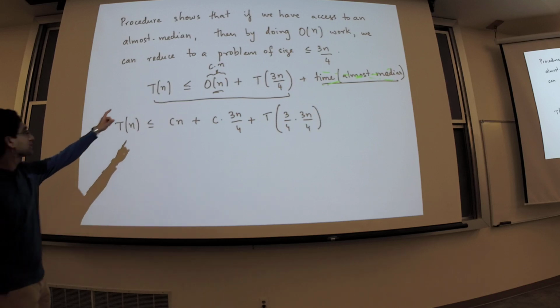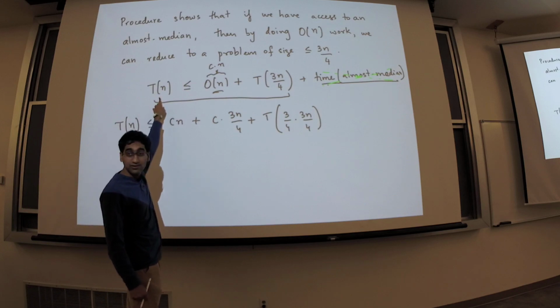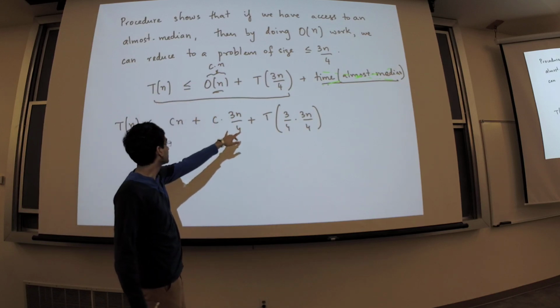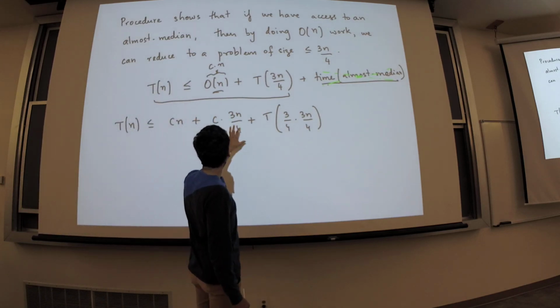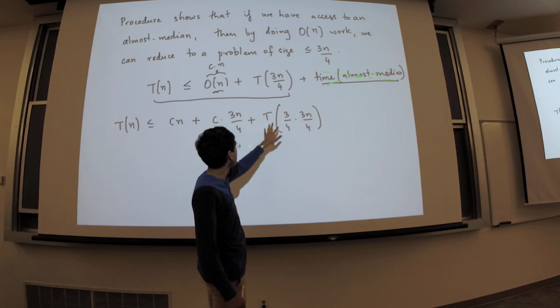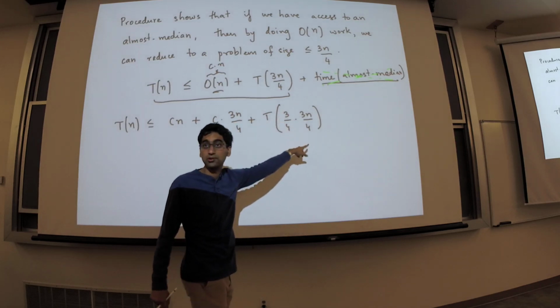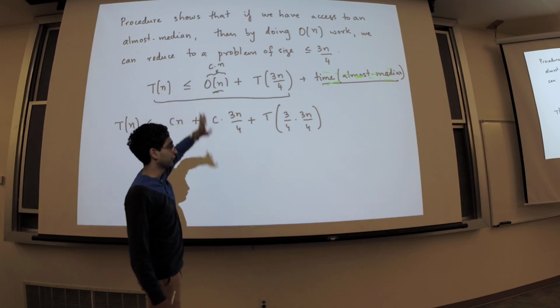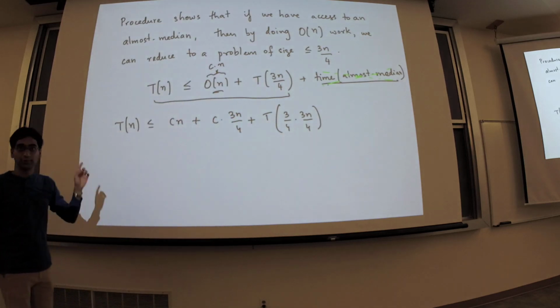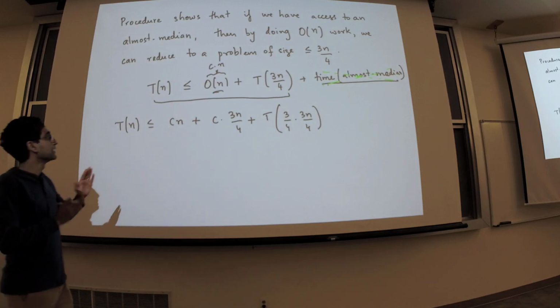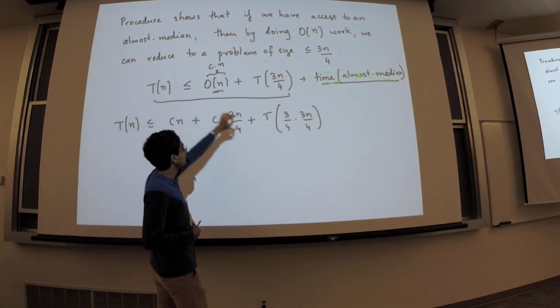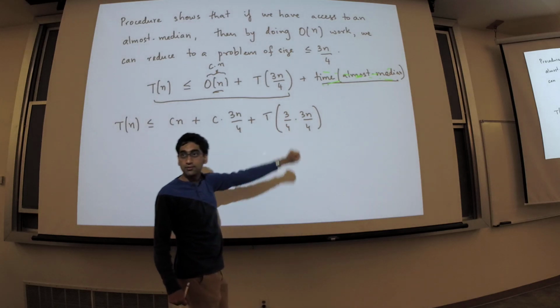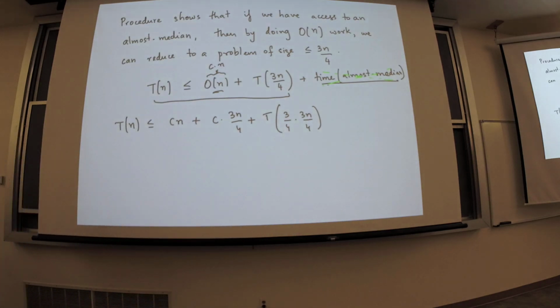If I replace n with 3n by 4 here, then this is what I would get, c times 3n by 4, c times 3/4 of that number. Now imagine replacing n here with this quantity. So this is what plug and chug means.